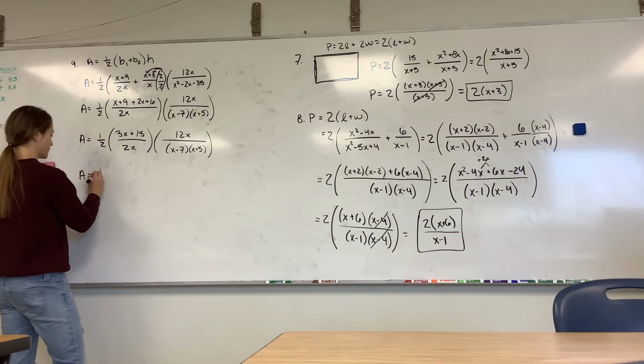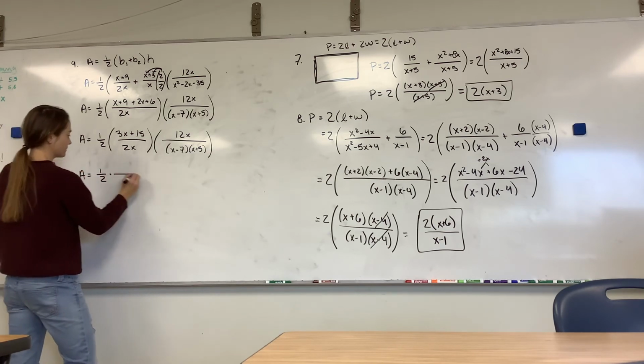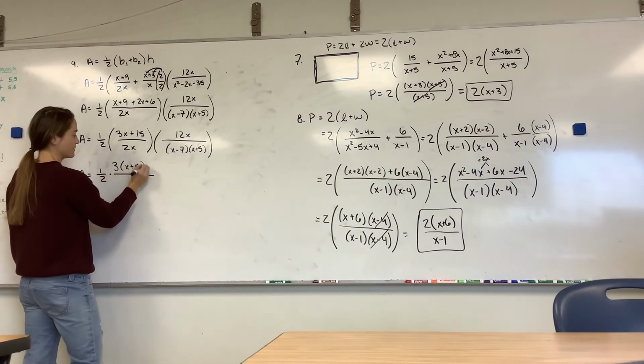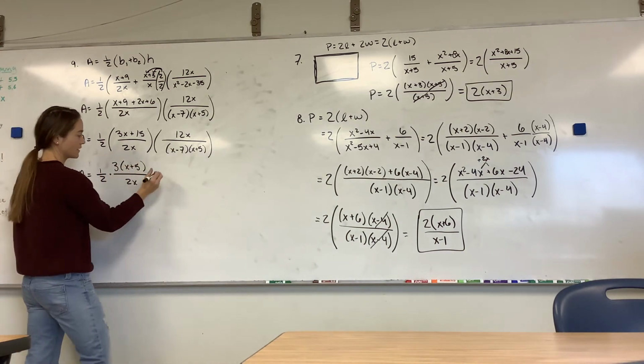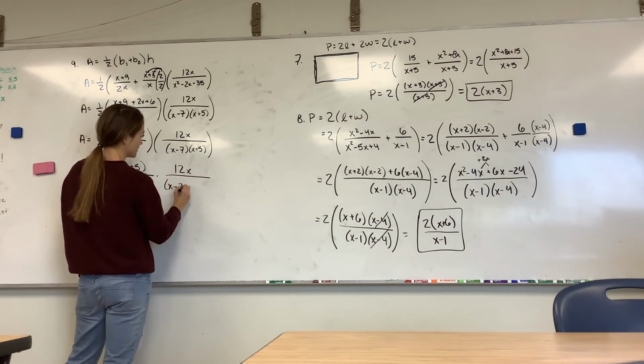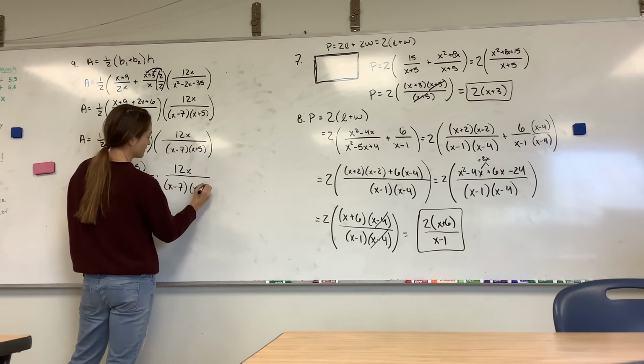Woo! Area equals 1/2 times, I'm going to factor out a 3 here, so we get 3x plus 5 all over 2x times 12x over x minus 7, x plus 5.